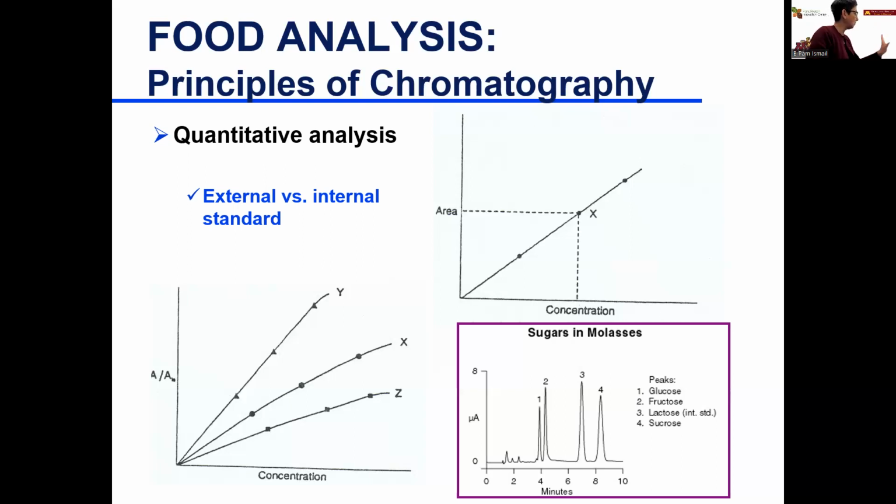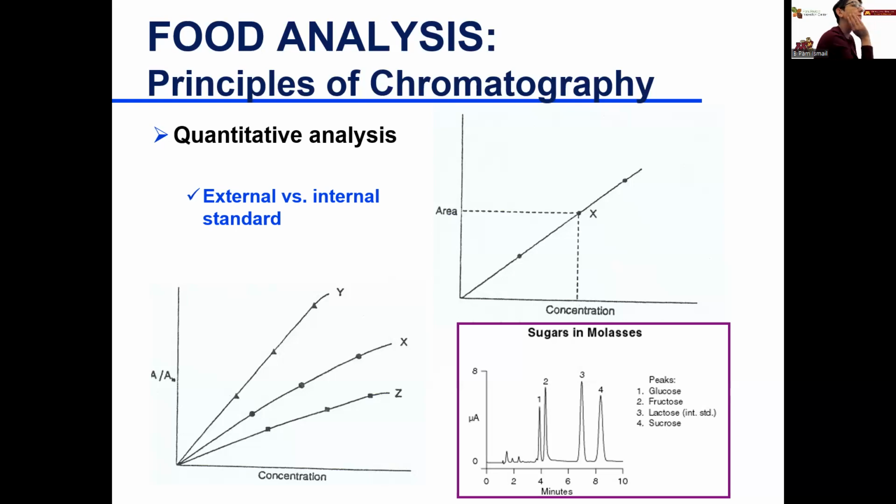It's structurally similar, but it will not co-elute with any of your sugars of interest. If I want to quantify, I use external standards. And if I want to correct for any sample preparation error, I use internal standards. So internal standards do not give me quantification data.